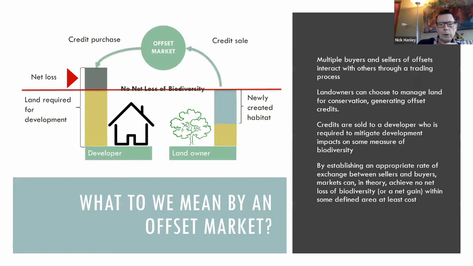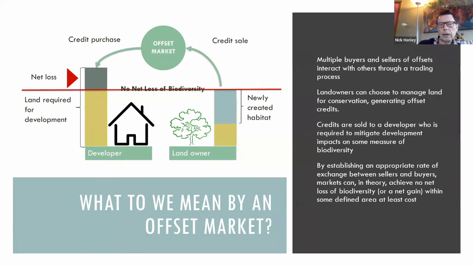So what do I mean by an offset market? I mean a situation where we've got multiple buyers and sellers interacting together. And I guess the easiest way to think about this is to think about the buyers as being house builders, developers, who by law are going to be required to offset some measurable impact of their new housing development on some indicator of biodiversity.